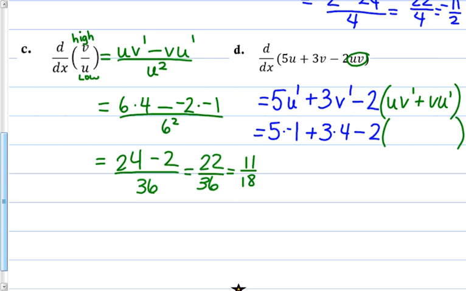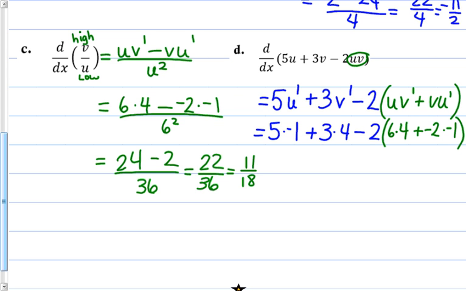U is 6 times V prime. V prime is 4. Plus V is -2 times U prime, which is -1.